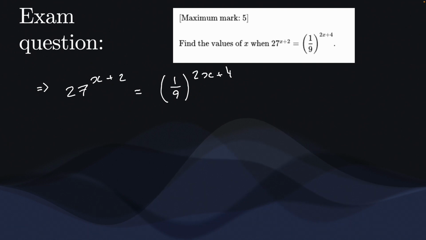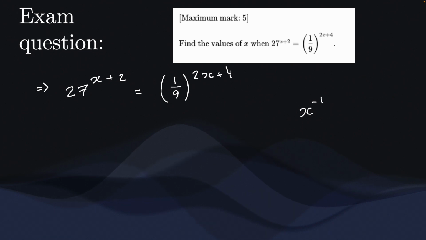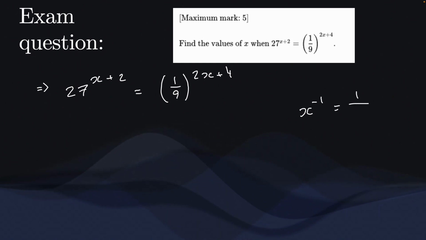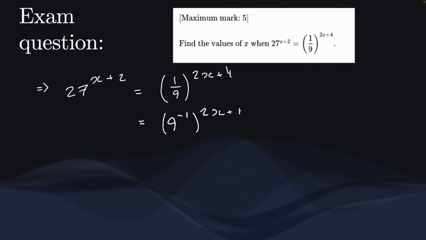I'm trying to remember our rules here. Remember 1 over 9, what can you do with 1 over 9? Well, remember that x to the power of negative 1 is just the same as 1 over x, right? So therefore 1 over 9 we can write as 9 to the negative 1, put that in brackets, 2x plus 4.